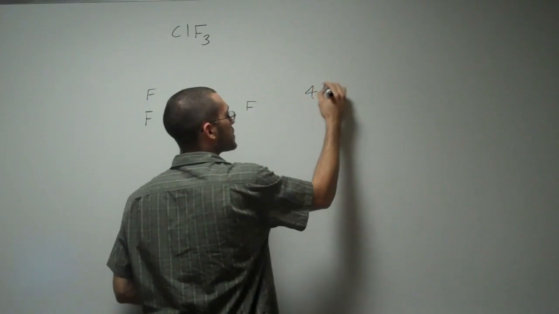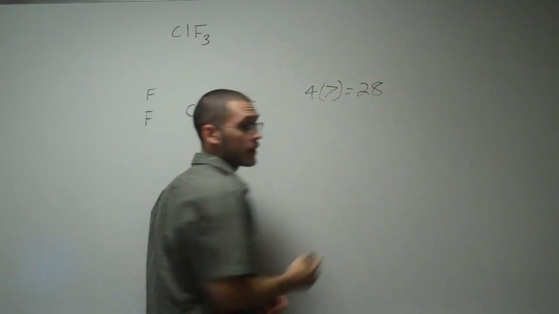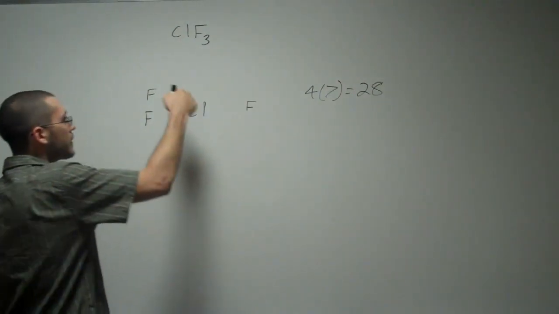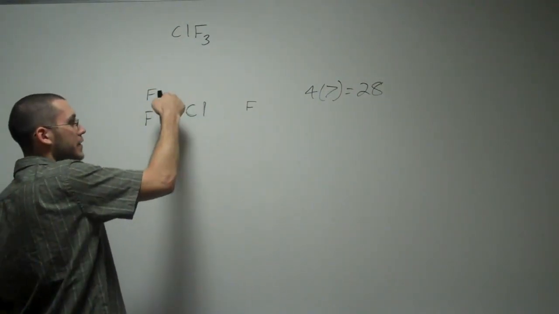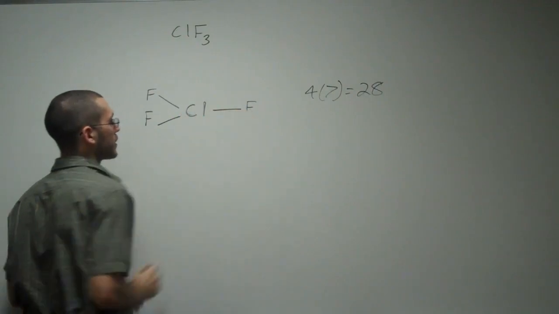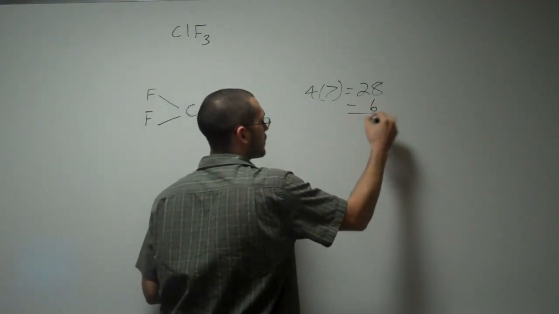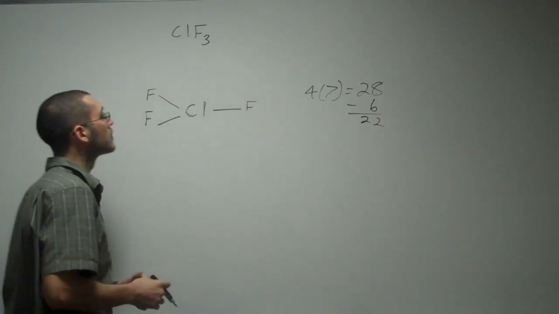So that's 4 sevens, gives me 28 valence electrons available for bonding. I know that the fluorines and the chlorine will all have to bond, like this. So that's going to take 2, 4, 6 of my electrons away. I have 22 left for bonding.